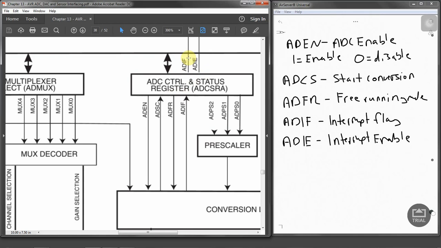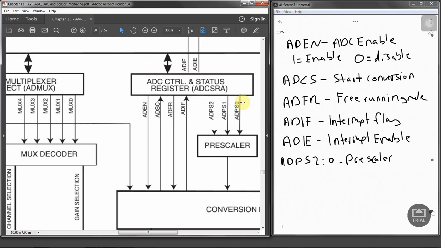And then we have the ADPS bits, ADPS 2 down to 0. This is actually for the prescaler. The ADC, using the successive approximation that we defined in the previous section, requires a clock.